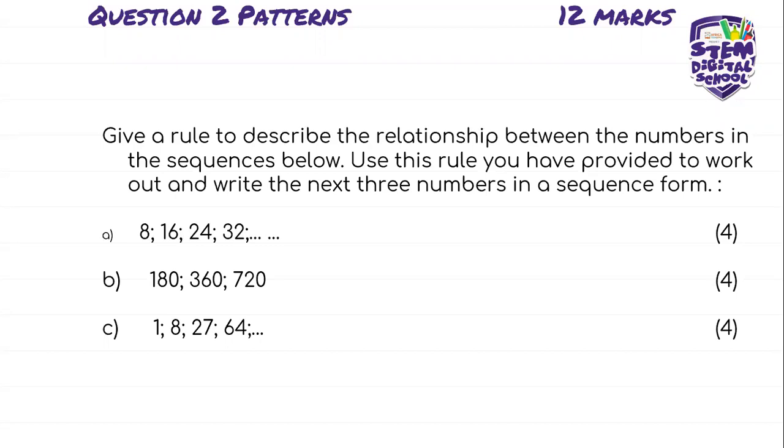So the rule is a cube number. Cube numbers, meaning that is the rule. So the first term, you cube it, it's 1 cubed, 2 cubed, and then 3 cubed. And then 4 cubed. Great. That's how we multiply, or 4 to the power 3, if you may call it.